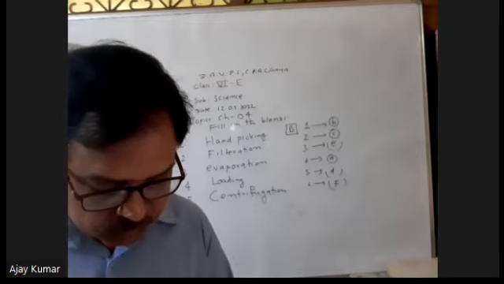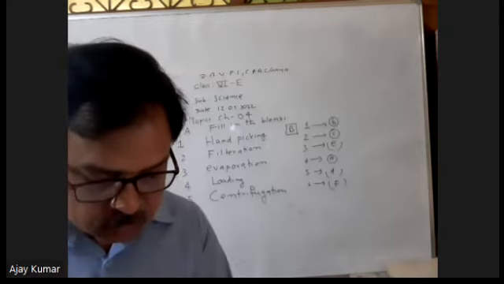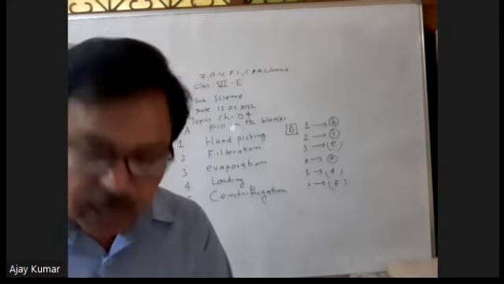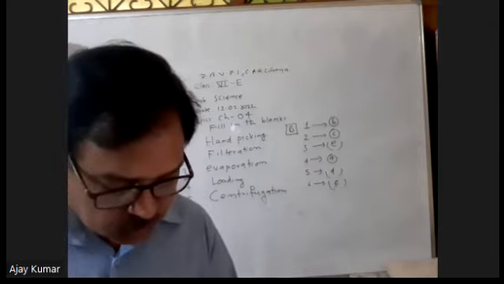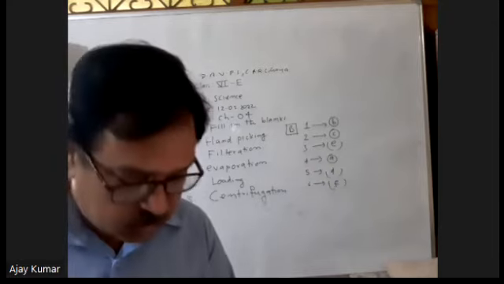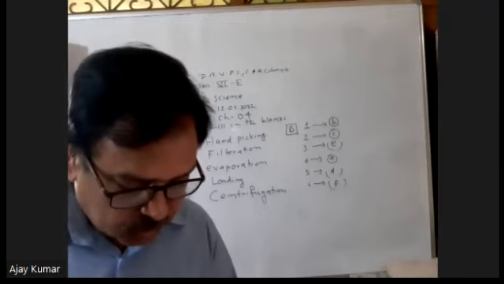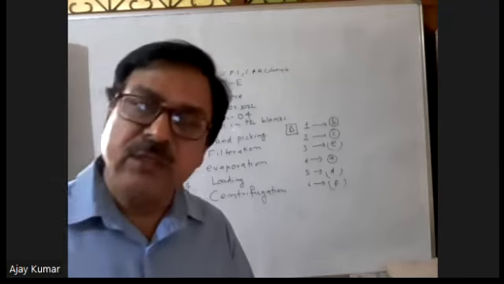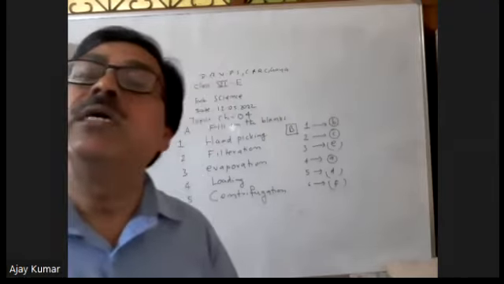Separating pieces from cooked pulao, hand picking. Muslin cloth, filtration. Camphor and salt, sublimation. So note down this. Note down the answer.